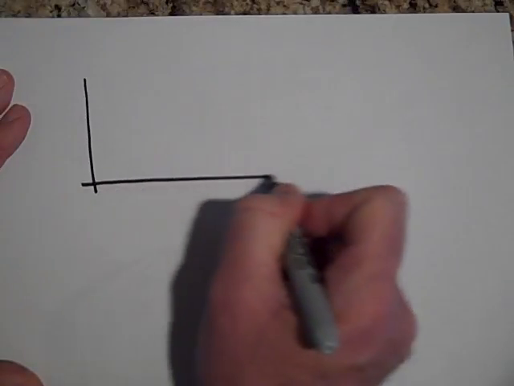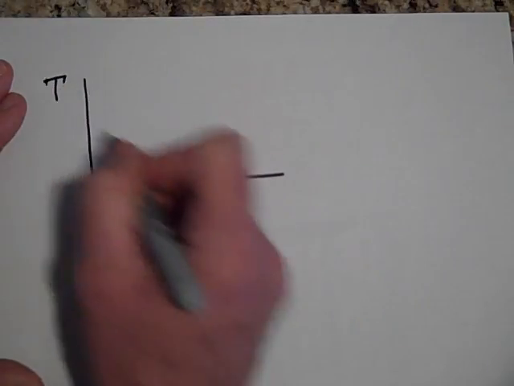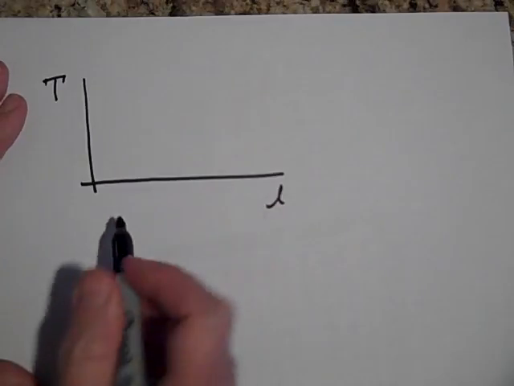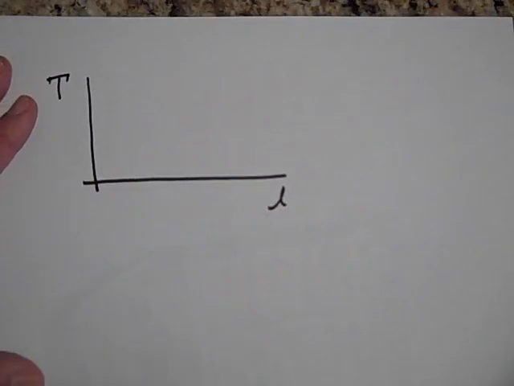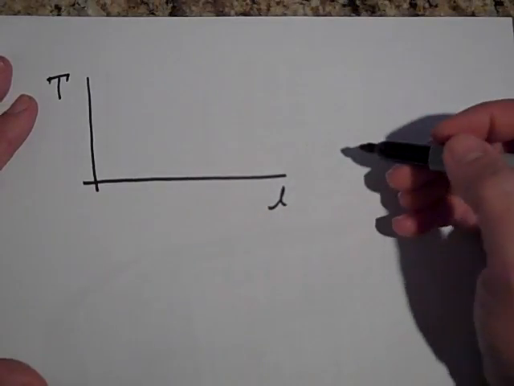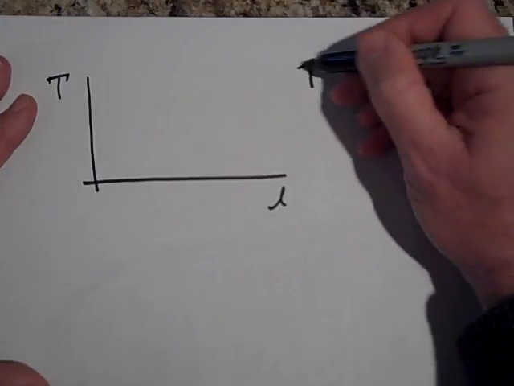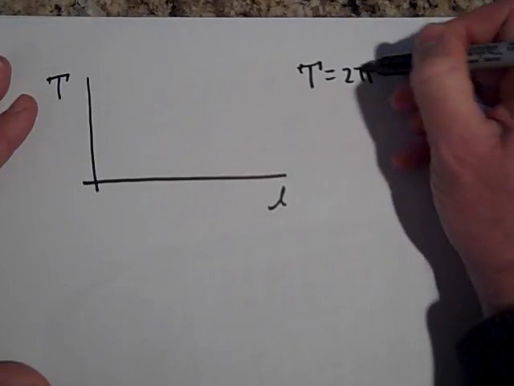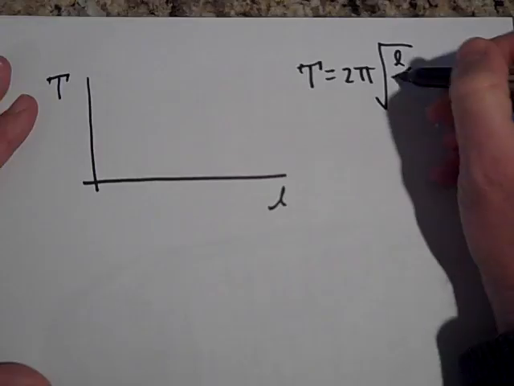What if you had the period of a pendulum? If you plotted the period of a pendulum versus the length of a pendulum, that's not going to be a straight line. But to make it a straight line, this is what I would really have to plot. Let's see, the period of a pendulum is 2 pi times the square root of L over g.